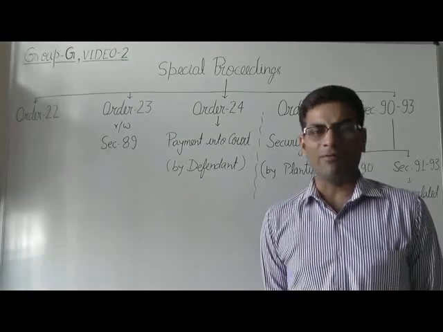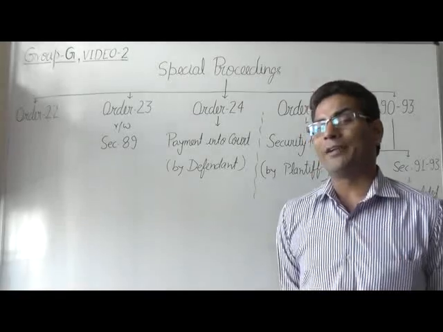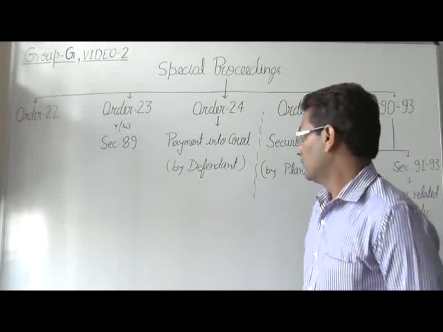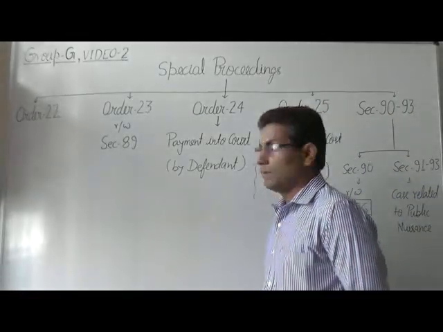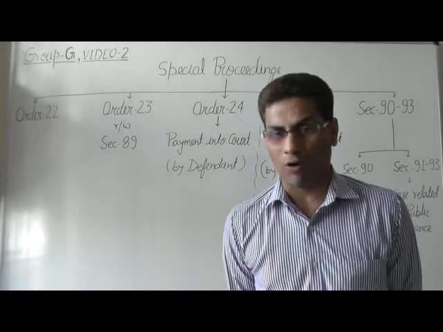He has paid the amount voluntarily, but at the time of litigation he was not ready to pay the amount. Then it is the defendant who has to pay the cost.